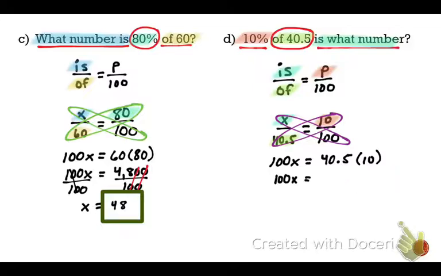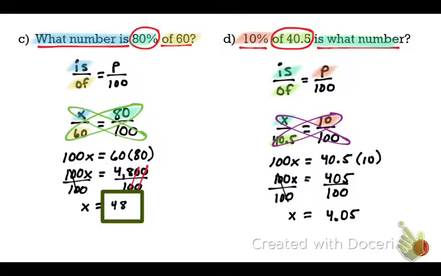Okay, so Jonathan, what's our answer going to be? 405. Very good. Now how do I get x by itself, Jonathan? Very good. And what's 405 divided by 100? 4.05. Good job. Notice all we did was we moved that decimal point, which was here at the end, 2 places to the left, and that's how we got 4.05.